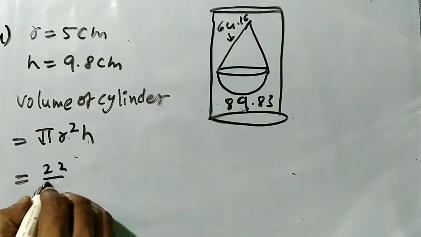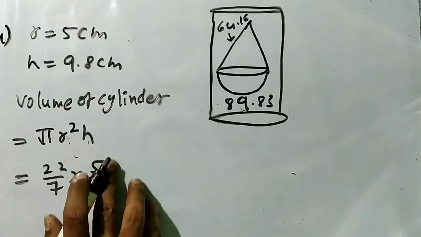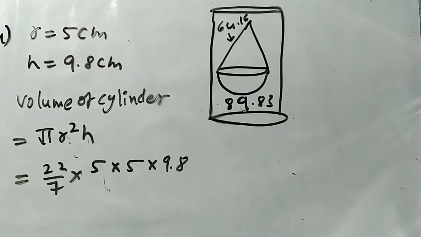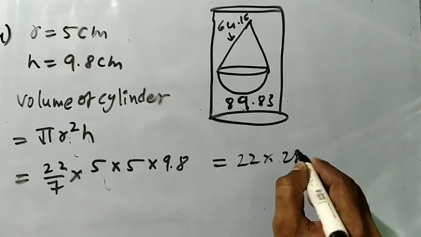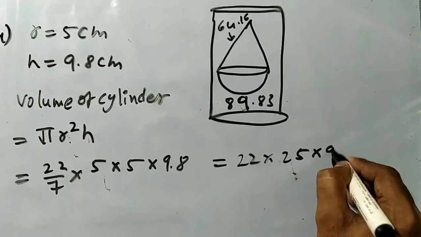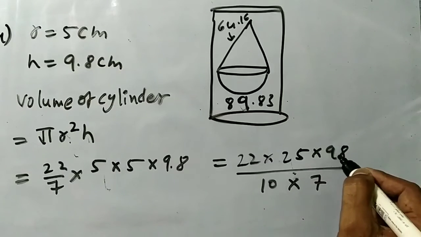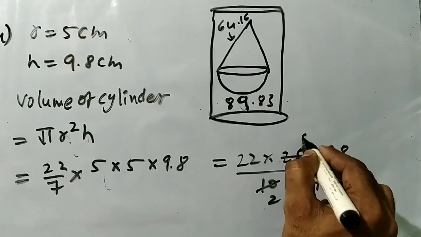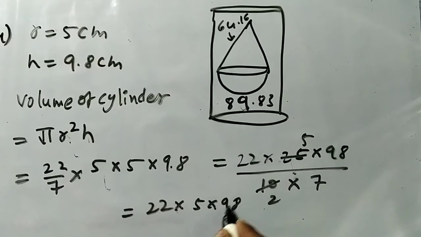That is 22 by 7 into 5 into 5 into 9.8. Here 9.8 can be written as 98 by 10, so we get 22 into 25 into 98 by 10 into 7. Then we can write it as 22 into 5 into 98 by 14, since 7 twos are 14.